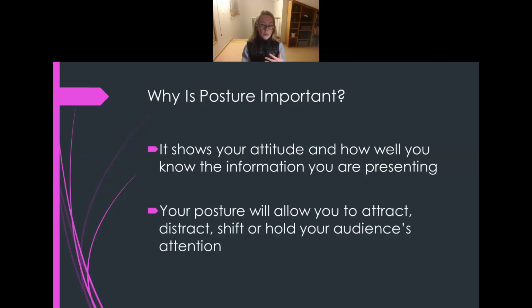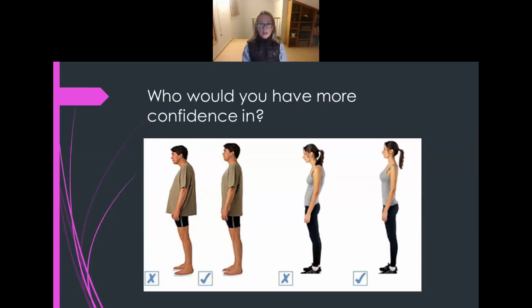So you can do different things with your posture to engage or disengage your audience. Who would you have more confidence in? This guy? Probably not. Probably this guy, right? Then you've got this girl over here, and you're probably going to pay better attention to her, right?